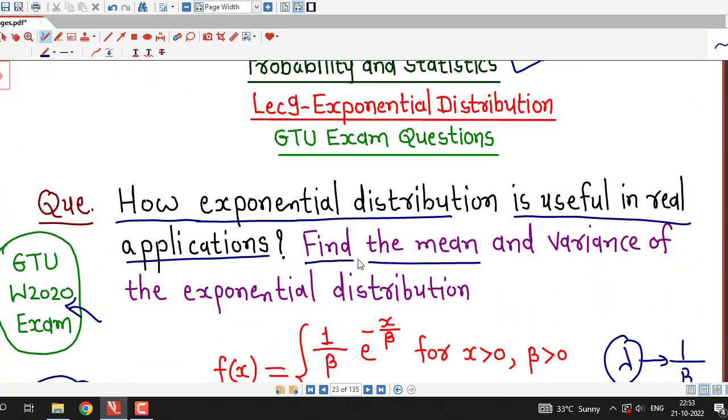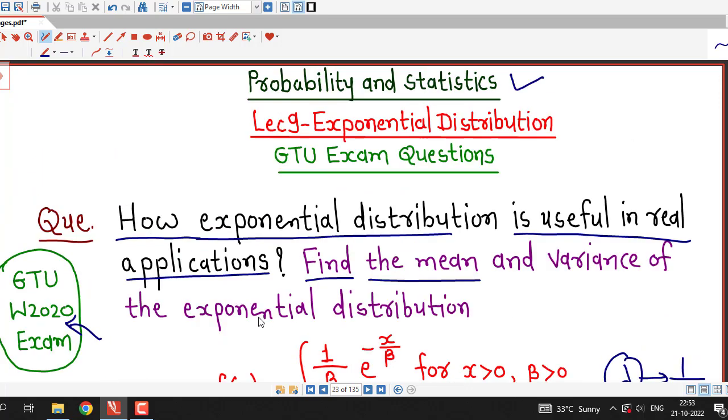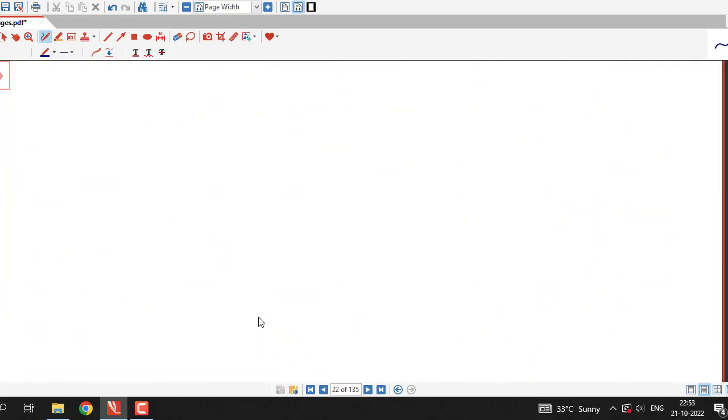In the second part we are asked to find the mean and variance of this exponential distribution, whose PDF is given by this formula, and here we have to use the formula for the mean of a random variable, that is expected value of x, and variance of x.